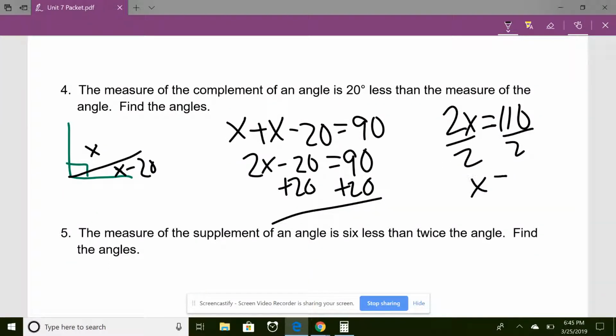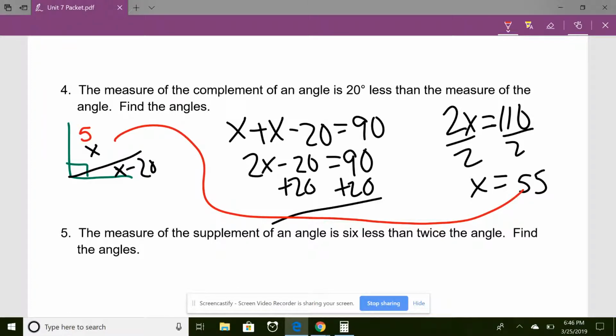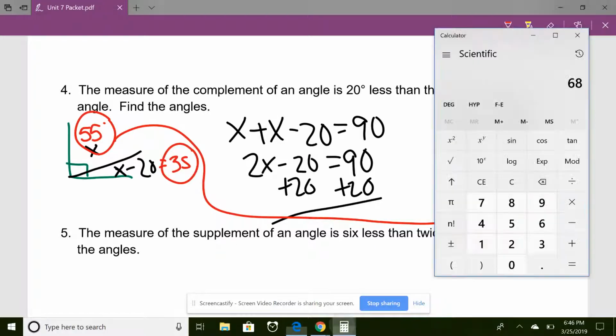You get x is 55. Plug it back in. So that is 55 degrees, and the other one is 55 minus 20, which is 35 degrees. We can double check that 55 and 35 add up to 90. So those are my two angles.